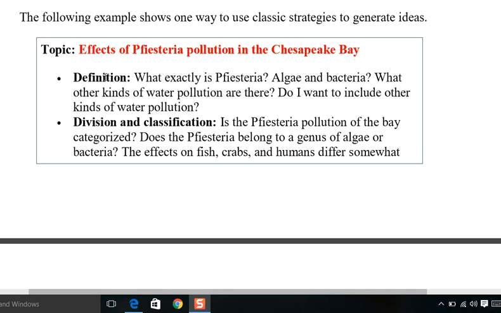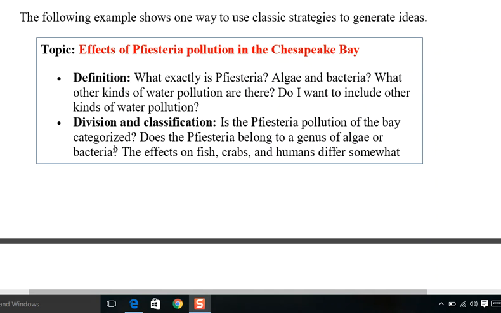Clear? Definition: What exactly is Pfiesteria? You start with your topic, as I have given the topic of memory management system to you. The same example has been repeated here. What exactly are algae and bacteria? What other kinds of water pollution are there? Do I want to include other kinds of pollution? Division and classification: you divide your topic. Is the pollution of the bay categorized?